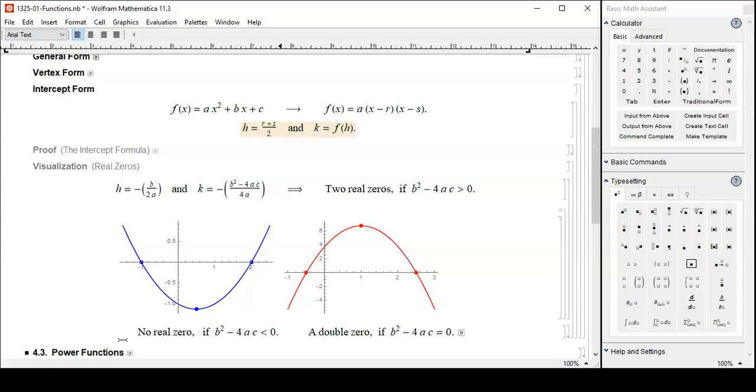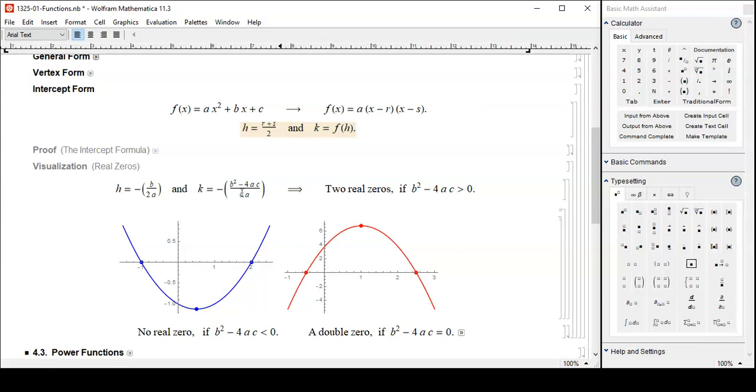Another important thing is that if we have two real zeros, we get two x-intercepts like this. And that corresponds to b squared minus 4ac greater than 0. You see, here negative of this positive quantity is down here.